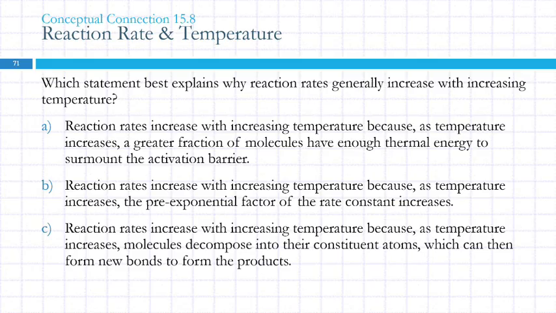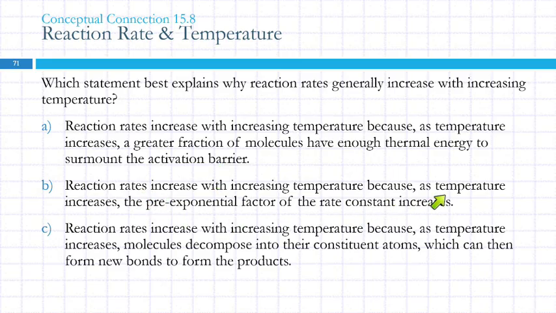Okay, let's test ourselves. Which statement best explains why reaction rates generally increase with increasing temperature? So we have three choices here. They each have a lot of words in them. The first part is the same in each: reaction rates increase with increasing temperature because. The first one says, as the temperature increases, a greater fraction of molecules have enough thermal energy to surmount the activation barrier.